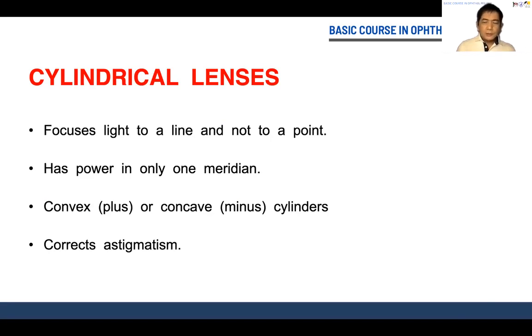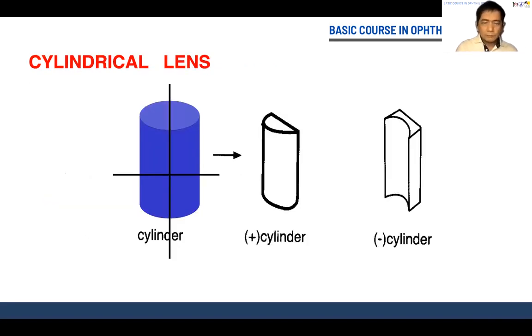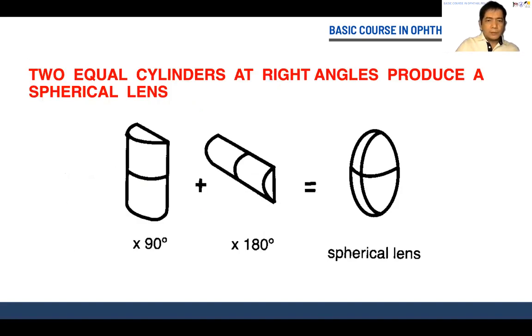And the use of these cylindrical lenses is to correct astigmatism. Okay, this is an illustration of a cylindrical lens. That is a cylinder. The horizontal line is the power of the cylinder, while the vertical line is the axis of the cylinder. All right.